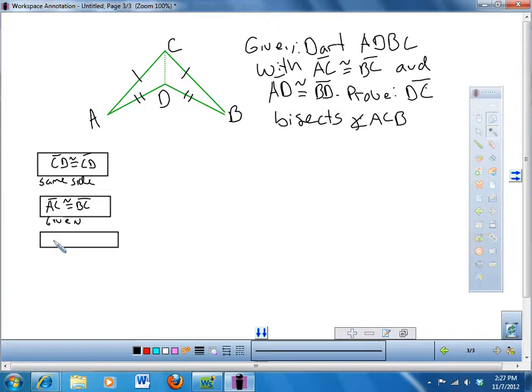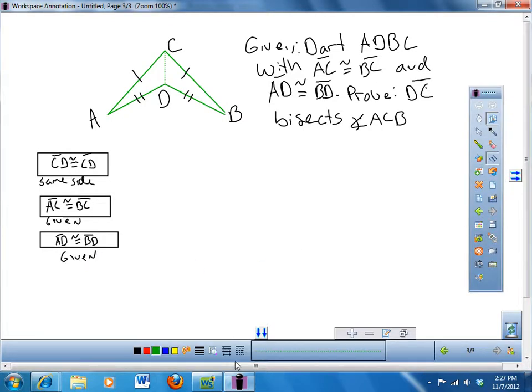Who can tell me what's next? AD is congruent to BD. Stephanie, please come down. Okay. AD is congruent to BD, and why is that, Stephanie? Okay, that's also given. Okay. Now I have proof.